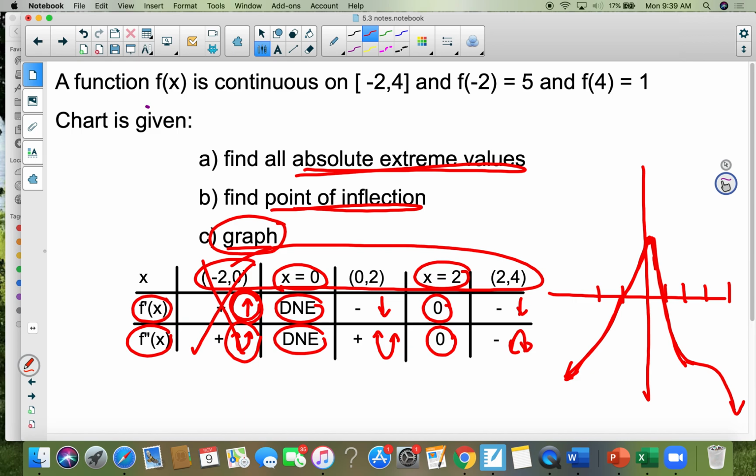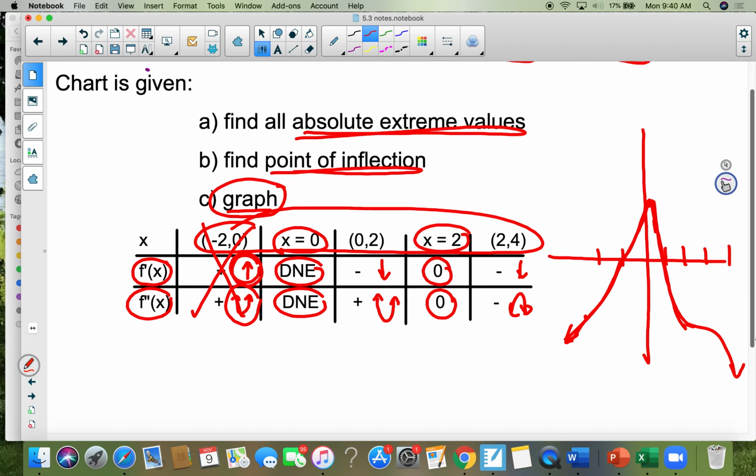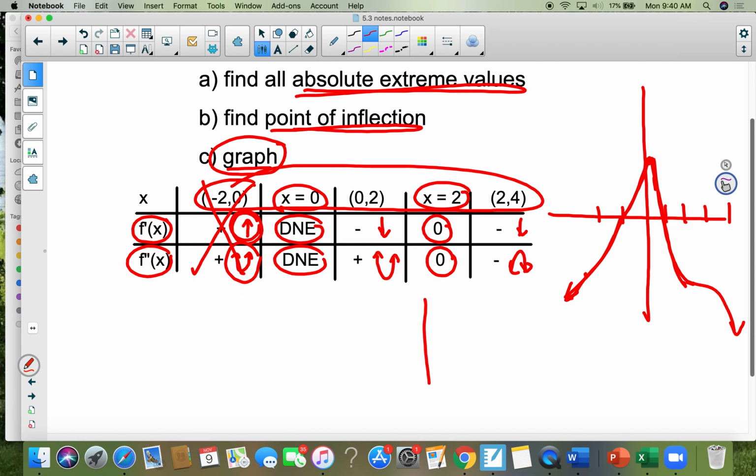Oh, I didn't see this, but this is how you would place your graph on there. At negative 2, it's 5. So I would have to redo this because I would have to place it on the map a little bit differently. So let me start again, placing it on here better. At negative 2, it's 5.